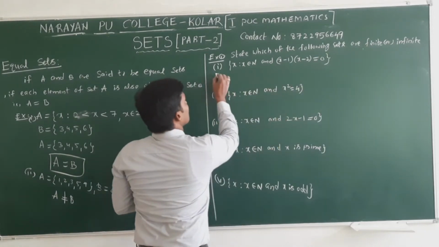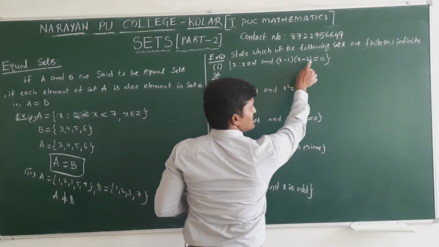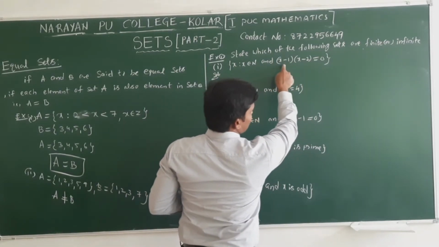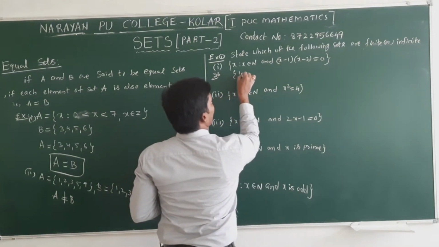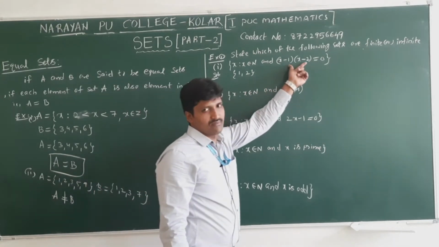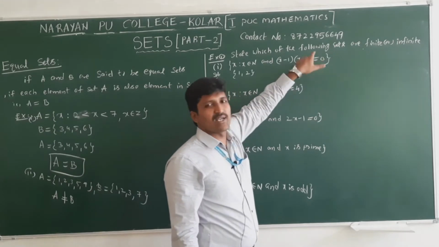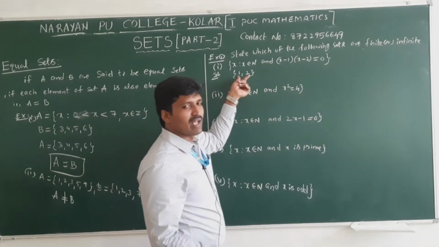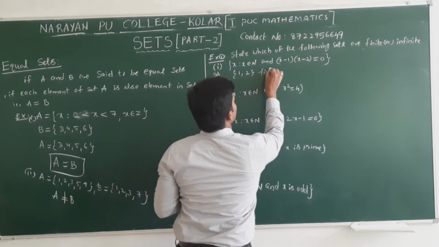From this, two factors multiply to 0, so either the first factor is 0 or the second factor is 0. What values are possible? Only 1 and 2. X minus 1 is 0, X equals 1. X minus 2 equals 0, X equals 2. Now we are counting values in a finite number, so clearly this is a finite set.